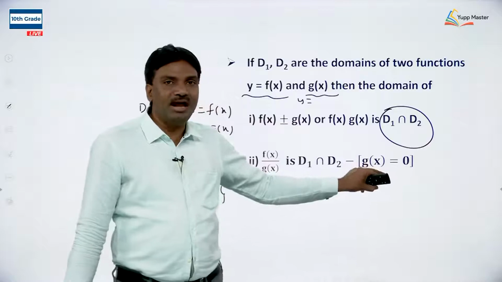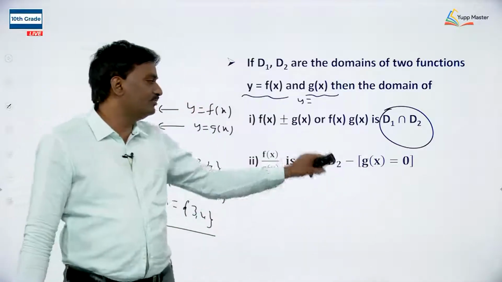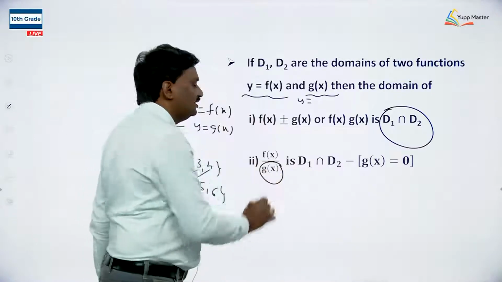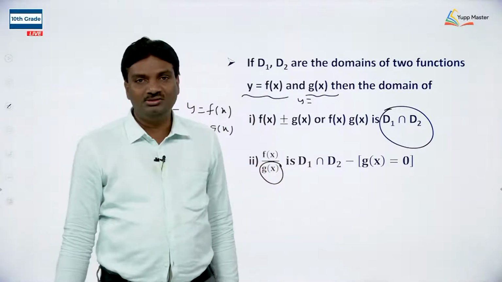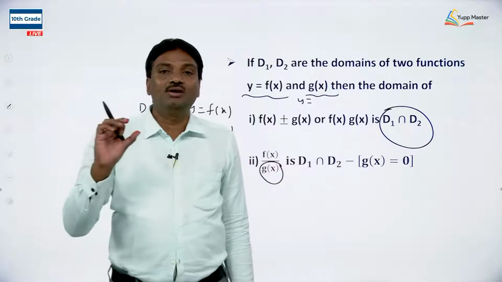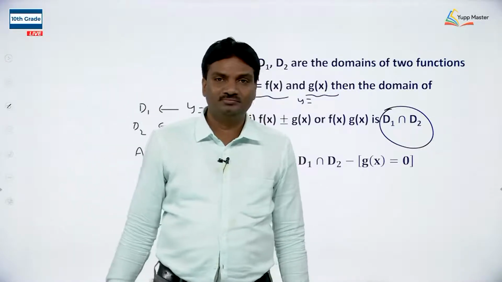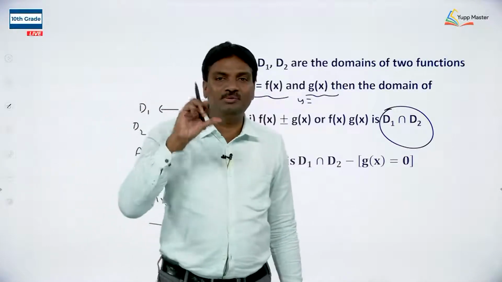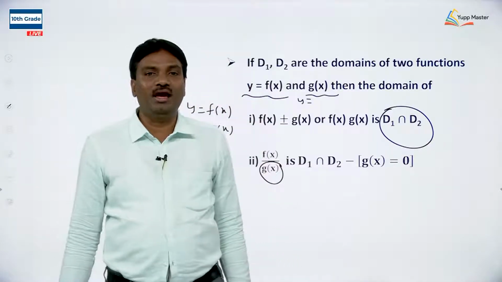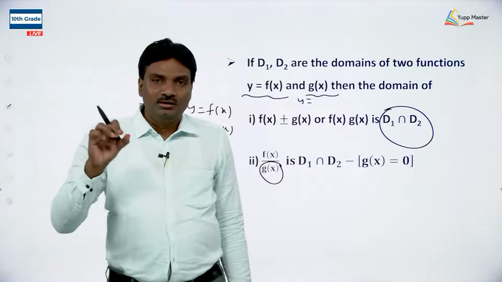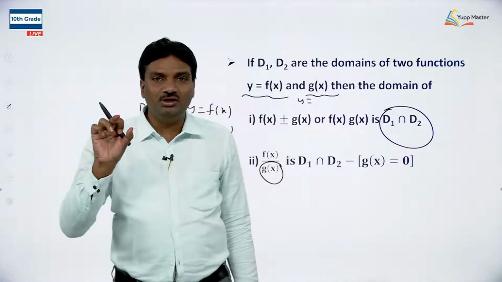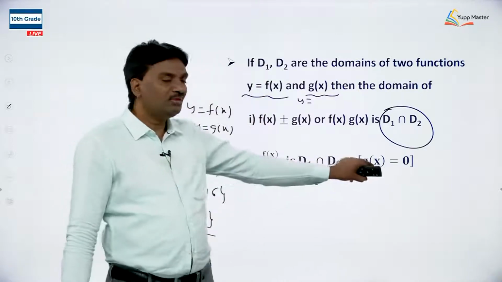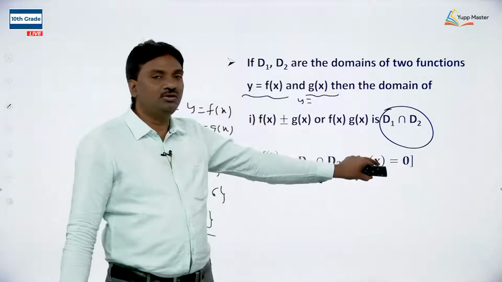Here we are subtracting the points where the denominator is zero, because g of x lies in the denominator, and the denominator cannot be 0. In the numerator we may have any value, including 0. In the denominator if we have 0, then it is not defined. That is why we subtract g of x equal to 0.